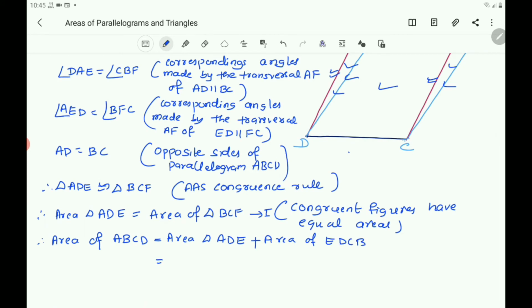That equals, in place of area of triangle ADE, you can write area of triangle BCF, because you proved that area of triangle ADE and area of triangle BCF are equal.